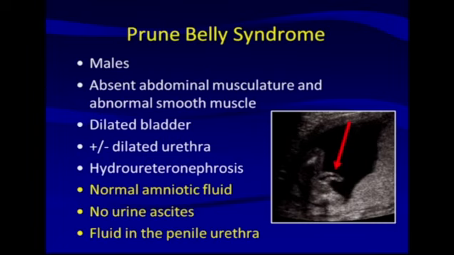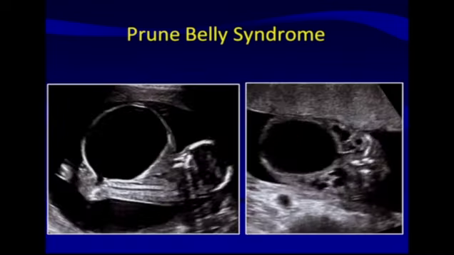There'll be no urinary ascites because this is a functional abnormality, not a mechanical obstruction. And as opposed to posterior urethral valves, you can look for fluid in the penile urethra. Here you can see fluid traveling all the way down the penis to the meatus, and you would never see this in valves. This can be a very valuable finding to distinguish prune belly syndrome from posterior urethral valves.